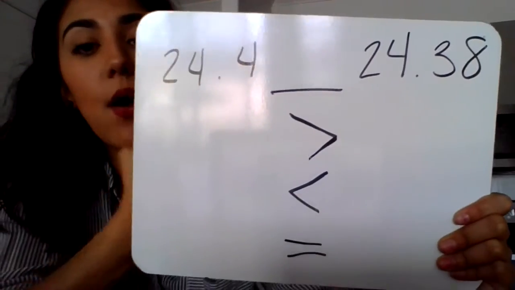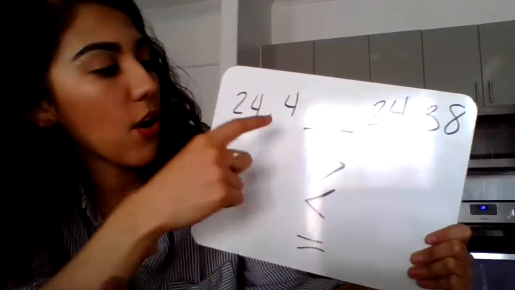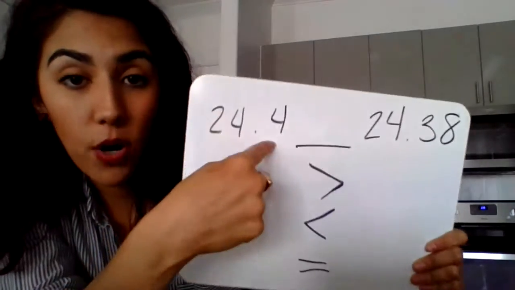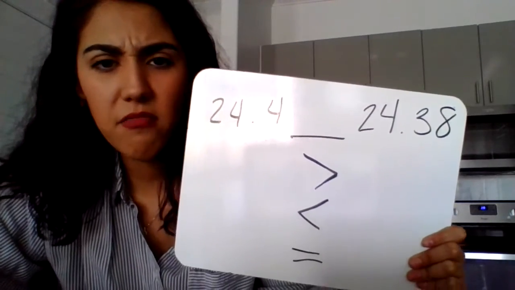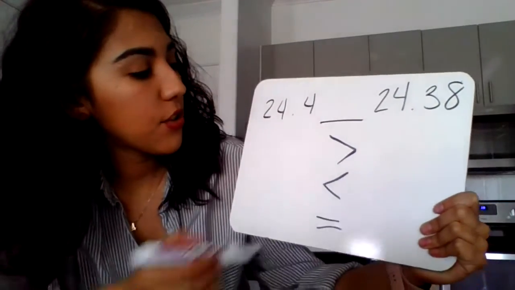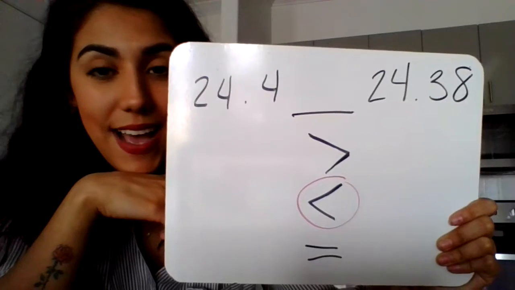Now a misconception that a lot of students make is they're like, oh well, here's 24 and here's 24. Here's a 4 and here's a 38. So in their brain, they're like, okay, well, 38 is greater than 4, so the answer is less than. But that is not correct.